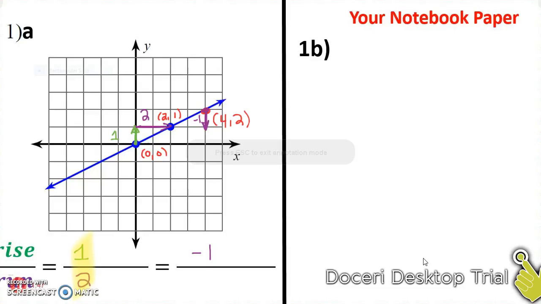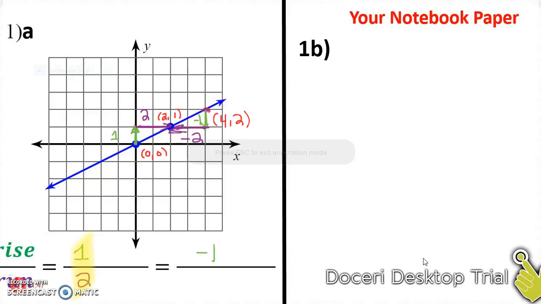After I rise down 1, which I think I used the incorrect color. I'm all about color coordinating, so let's just change the colors here just so we can be a little more precise. So I'm going to rise down 1, so my rise is negative 1, but then I have to run. But I'm going to run to the left. And when you run to the left, your run is negative.